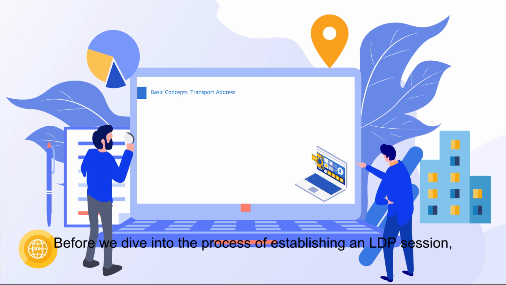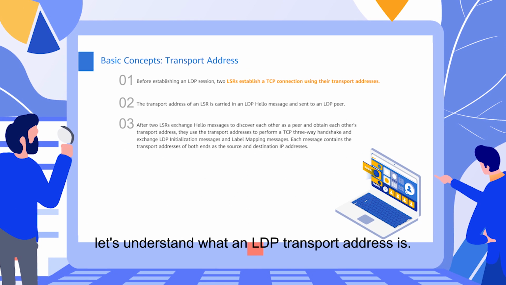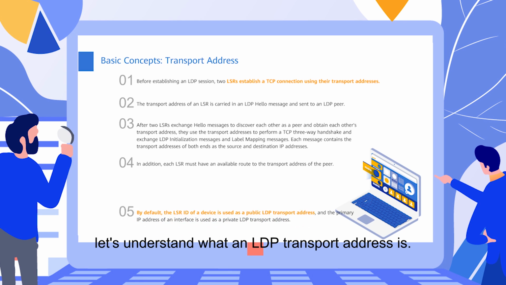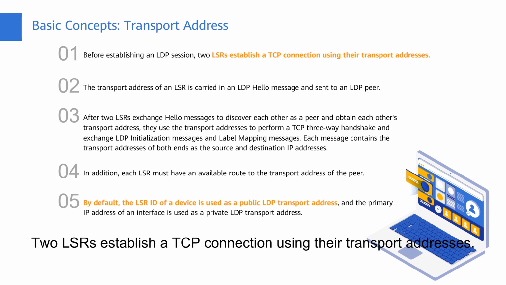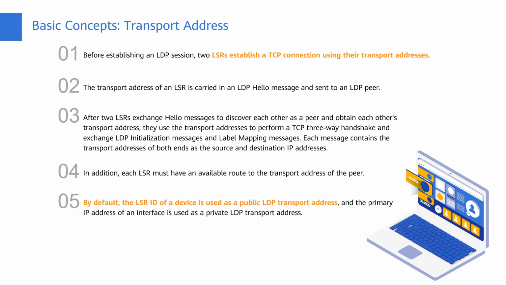Before we dive into the process of establishing an LDP session, let's understand what an LDP transport address is. 2 LSRs establish a TCP connection using their transport addresses. The transport address of an LSR is carried in an LDP hello message and sent to an LDP peer.